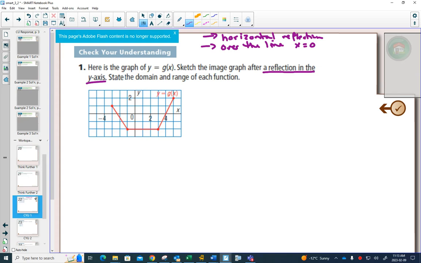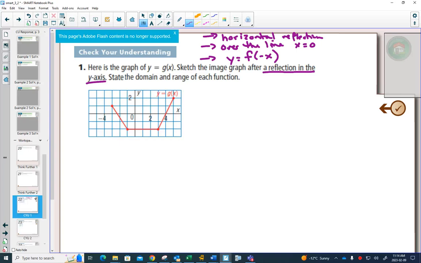They could also give this to you in function notation, and since it's a horizontal reflection, the negative would be with the x. So one of the things with reflection questions, they'll ask it of you in one of those 4 ways, but you have to have all 4 of those things in your mind every single time.